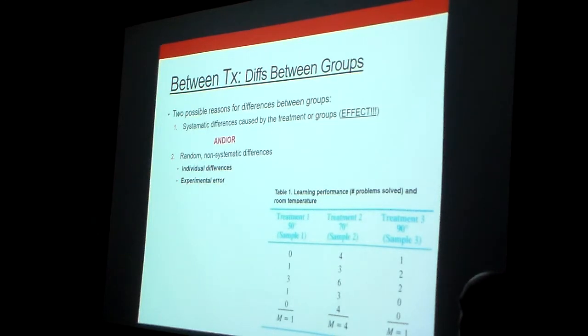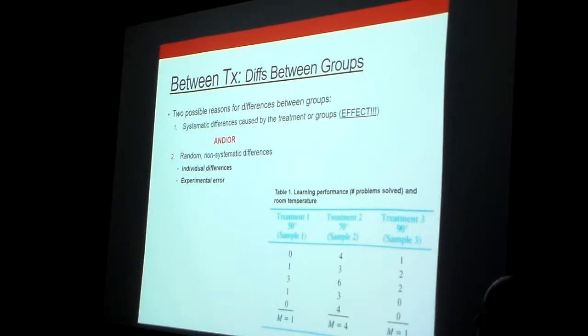Okay, there are two possible reasons for differences between our groups. We can see differences that are caused by systematic effects of whatever the treatment or group is, right? We can see differences across our means because temperature of the room really has an impact on people's performance, okay? Or, because this also plays in, we have random non-systematic differences, okay? We've got individual differences, right? Maybe people, particularly in this small sample, in the first condition just happen to be different for some reason or another, right?